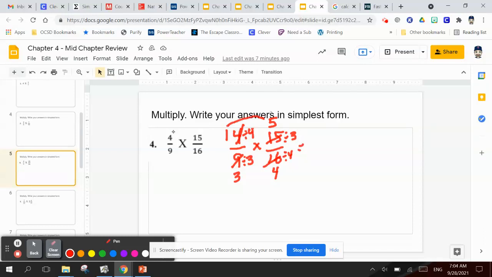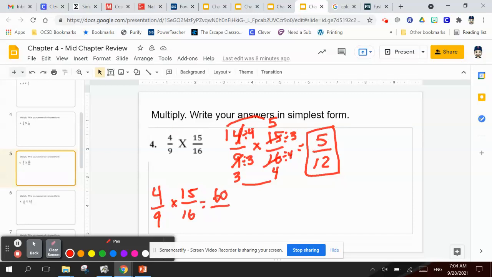I multiply 1 times 5 is 5. 3 times 4 is 12. 5 is a prime number. The only factors it has are 1 and 5. If you were to multiply that out, 4/9 times 15/16, and you simply multiplied, you could get 60 over 144.